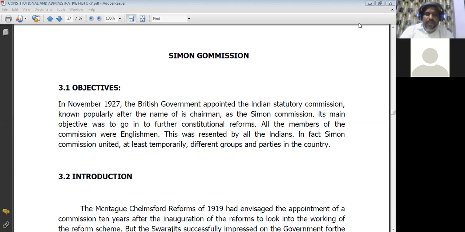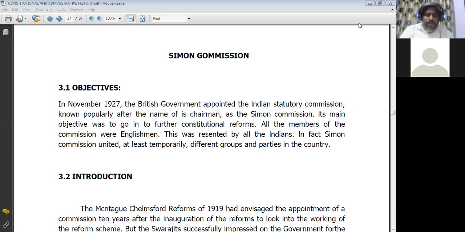Okay, so the members also laid down the democratization of the constitution. Many of them condemned the diarchy, which was the main provision of the 1919 Act, the Montagu-Chelmsford reforms, and said it should be abolished.